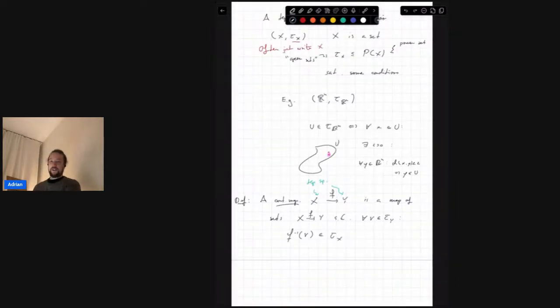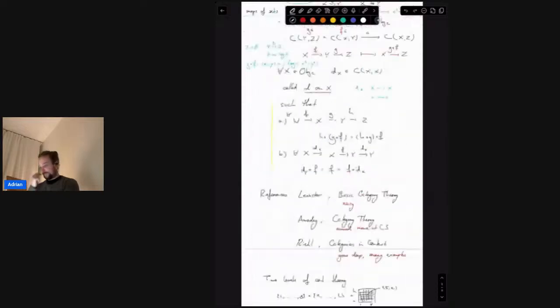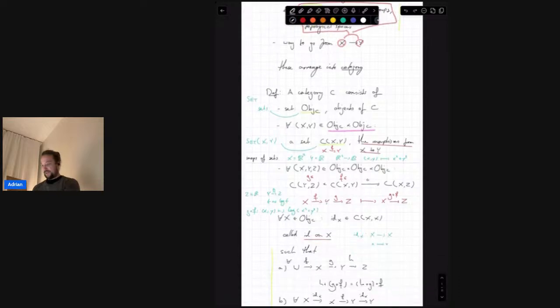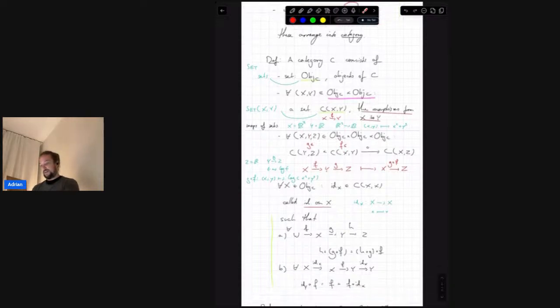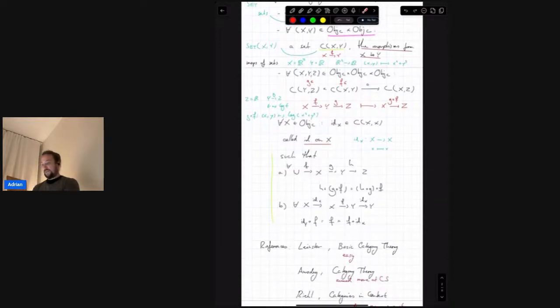So now let us verify that what we get is indeed a category. So let's go back to the very top. We need to verify that we have a bunch of structure. So this structure is a collection of objects. Well, we have that. That's the topological spaces. And then for every two objects, we need to verify that we have a set of morphisms. Well, I've just told you what those are. And then for every triple of objects, I need to give you the composition. And for every object, I need to give you the identity map.